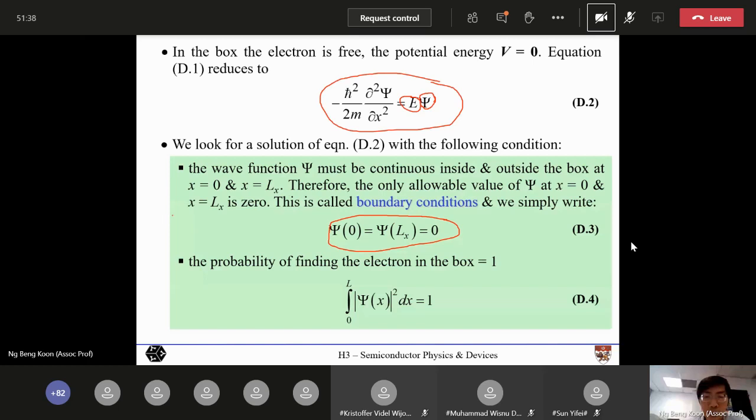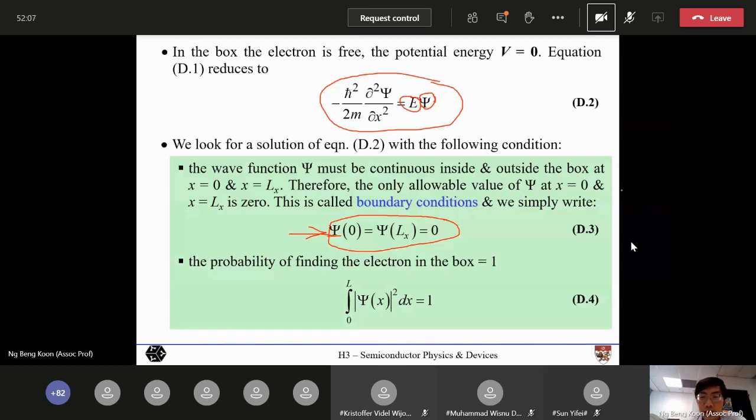So we can use this as a boundary condition to solve for a specific solution, where the wave function will be equal to 0, meaning that the probability of finding an electron at the edge or beyond is 0. If you take the magnitude square, it gives you the probability of finding an electron at that position. So if it's equal to 0, there's no chance of finding an electron there.